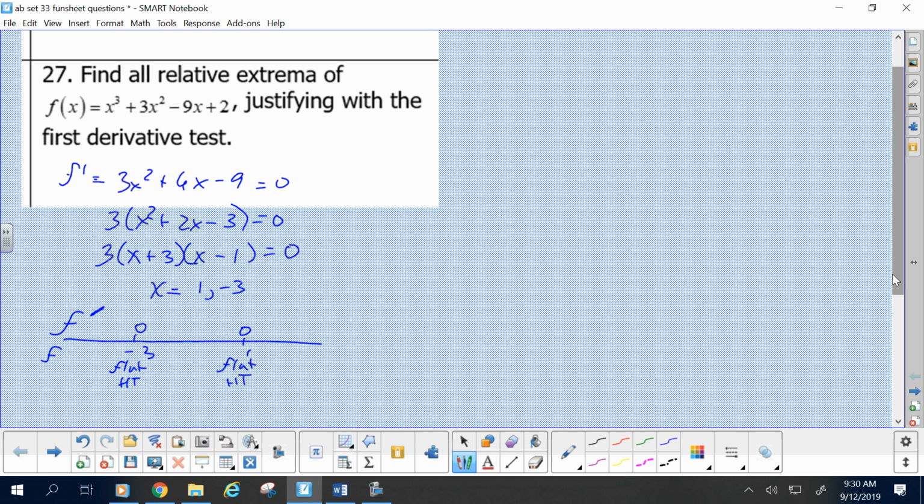What about left of negative 3, what is the derivative sign? Positive, which implies the function is? Increasing. So increasing till it goes flat. Between negative 3 and 1, what's the sign of the derivative? Negative. If the derivative is negative, that implies the function is?